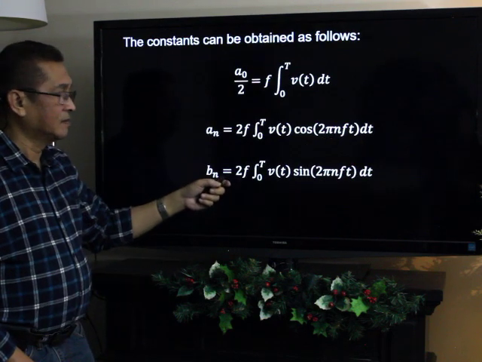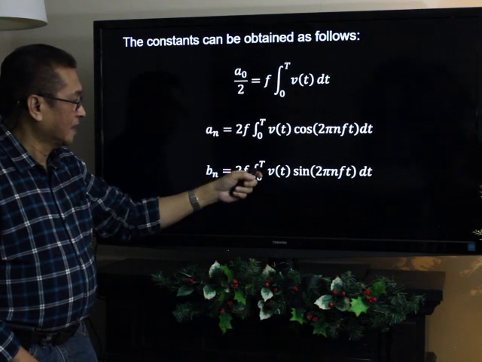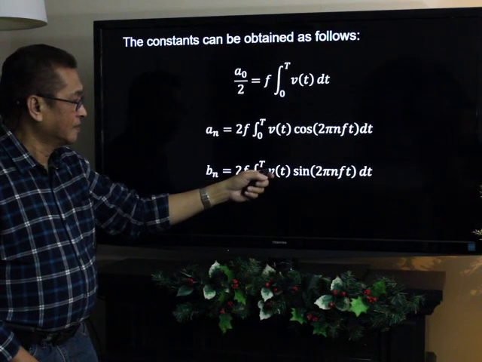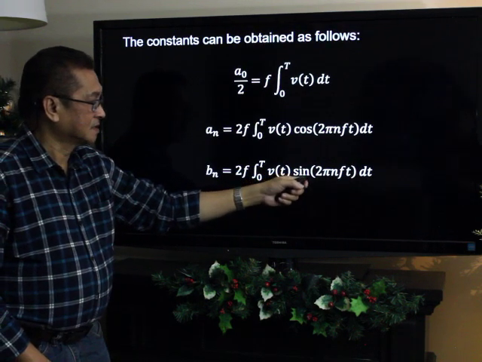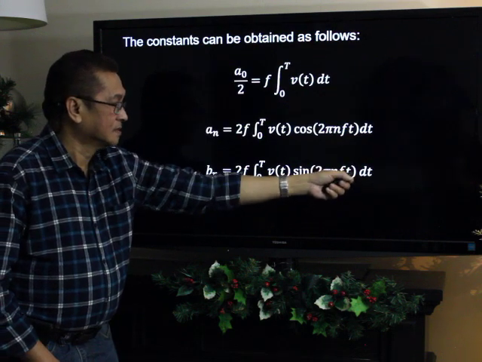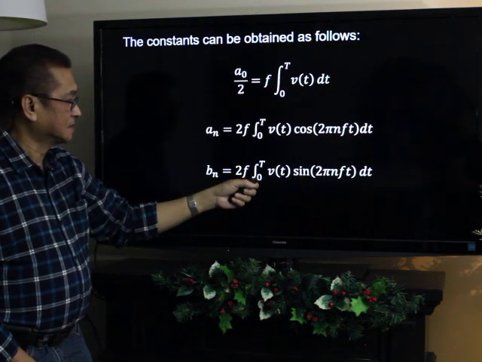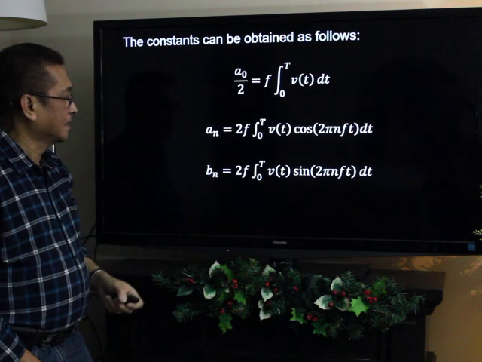And b sub n, also using this integral, 2 f times the integral of velocity as a function of time times sine 2 pi n frequency times time times dt. Limits from 0 to the period, capital T.